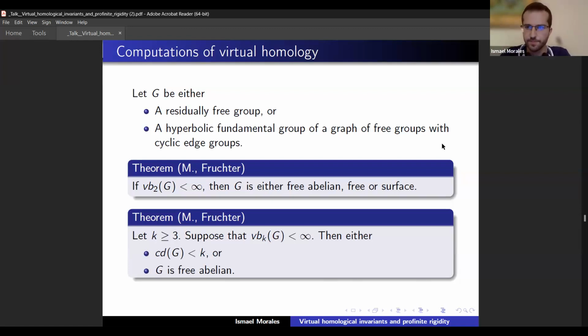And there are no other examples, basically.